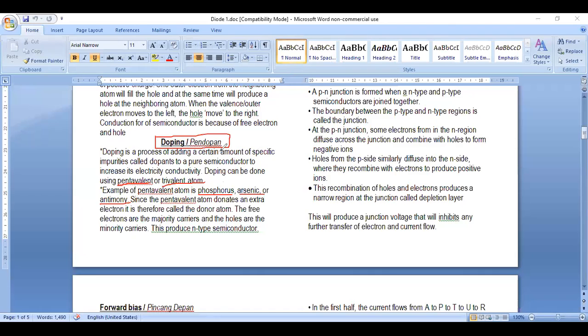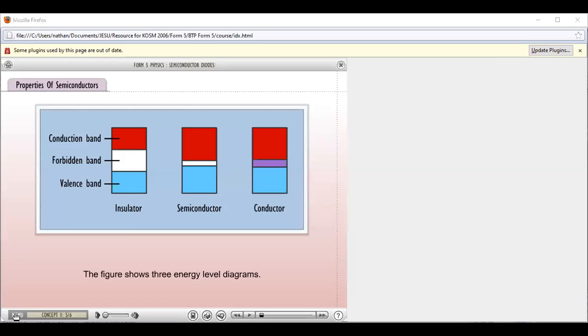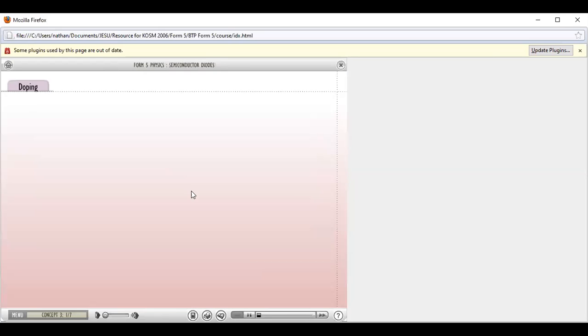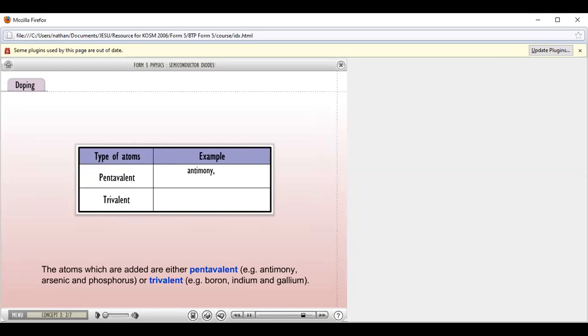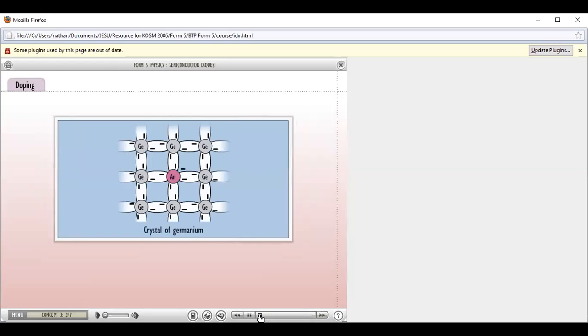So what happened when we add a pentavalent atom into the semiconductor?